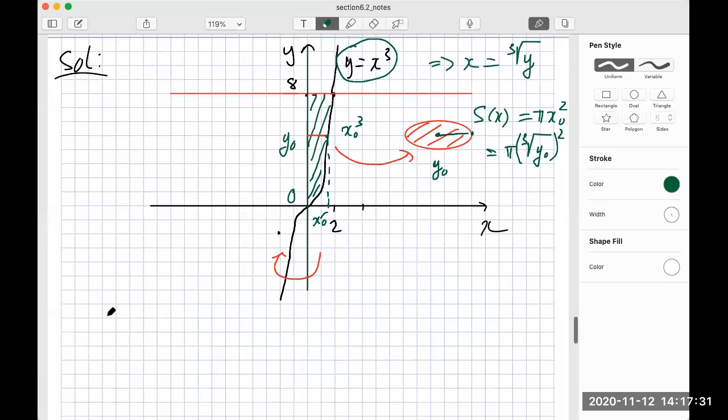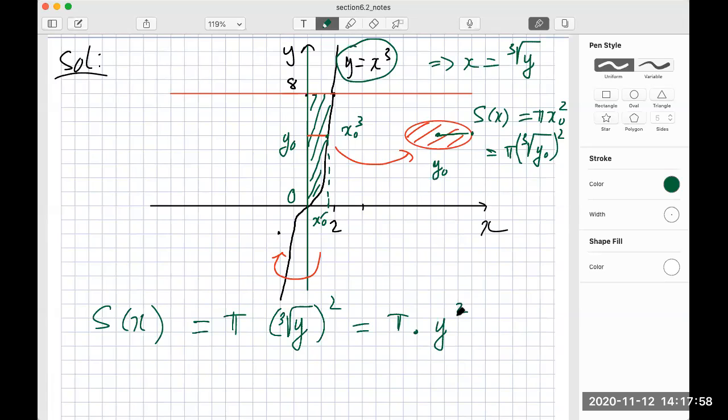Let me write it down here. S of y. So in general, y0 here will run from 0 to 8. It will be pi times the cube root of y, squared, which is pi y to the 2/3. Very good.